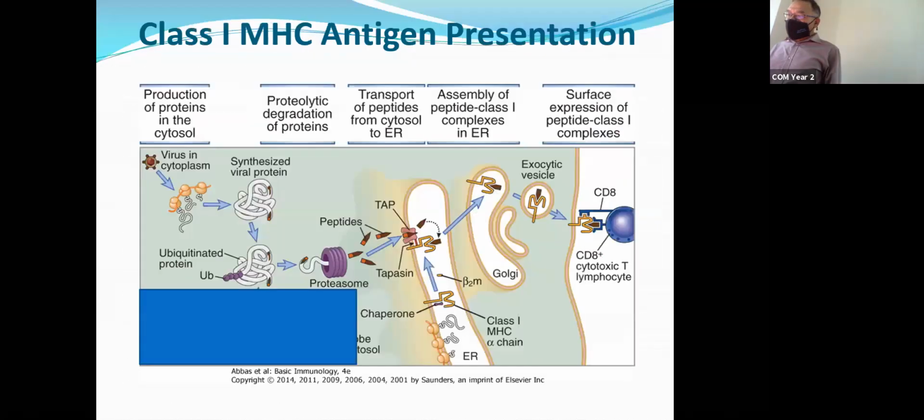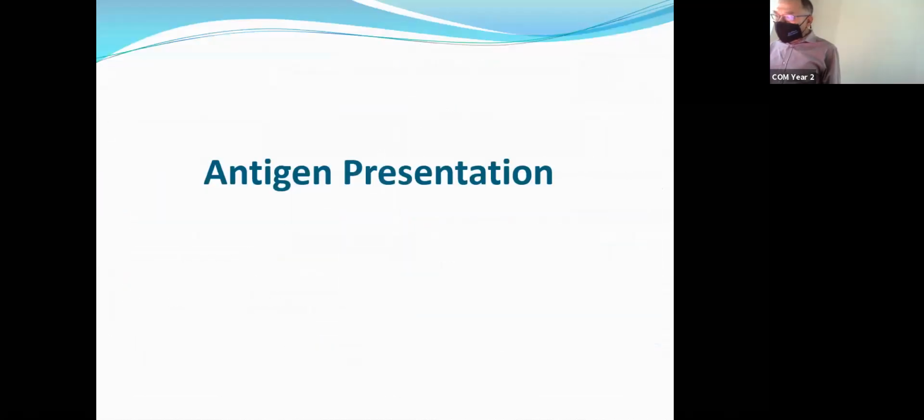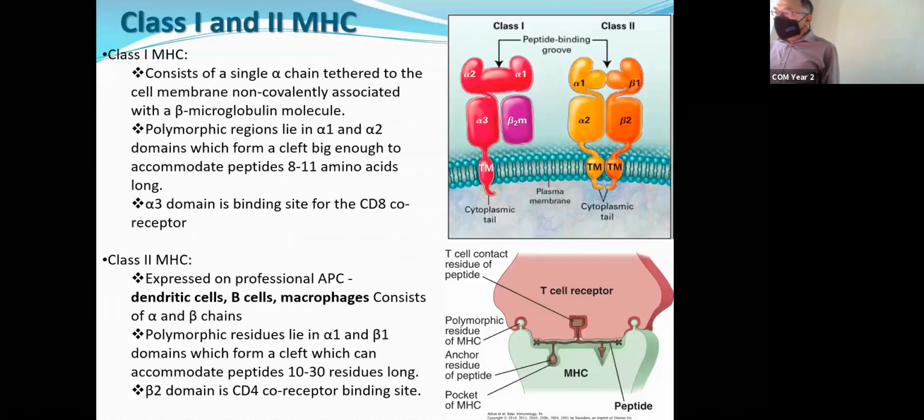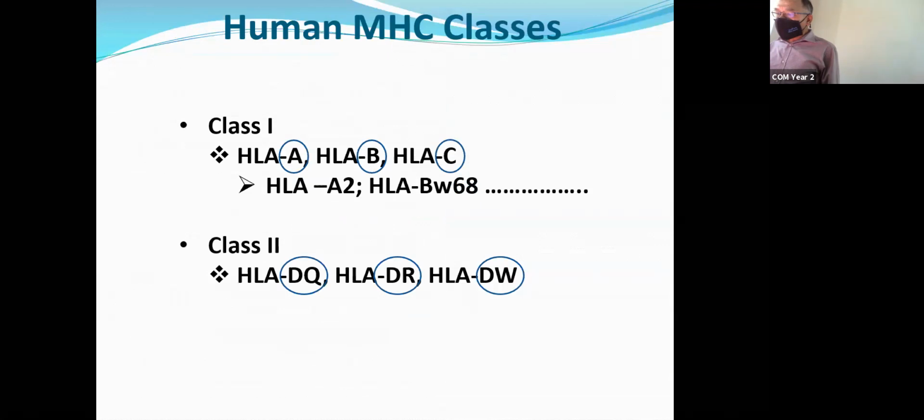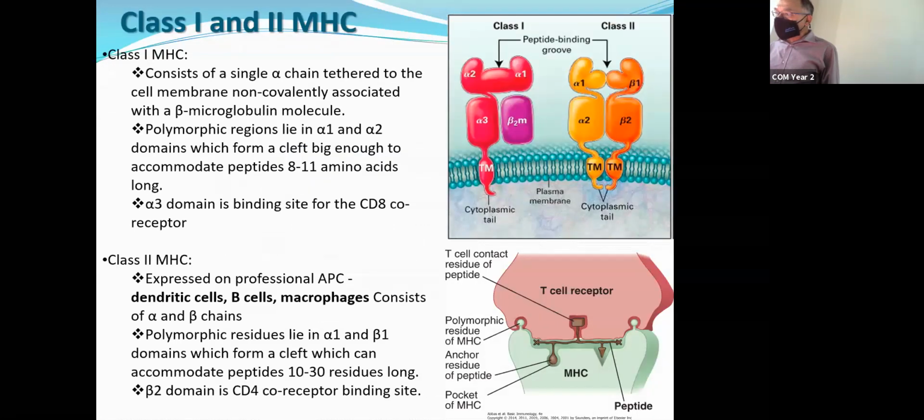If by variant chain you're referring to VDJ, I talked about this in the B cell, in the antibody.